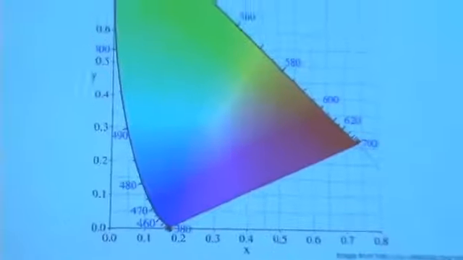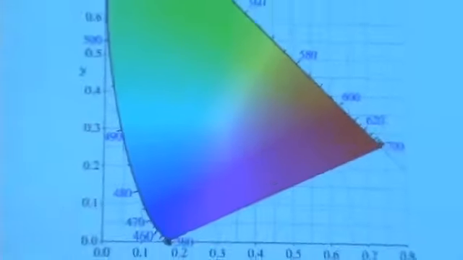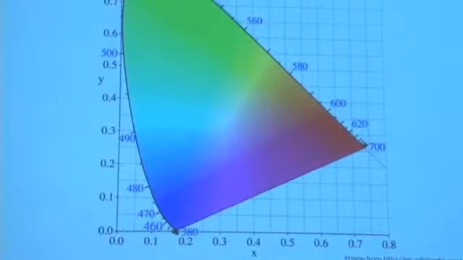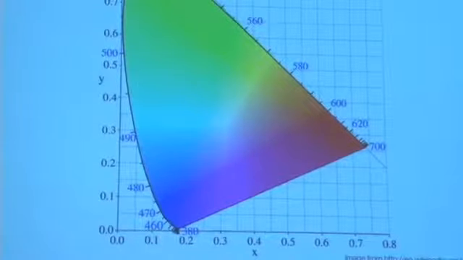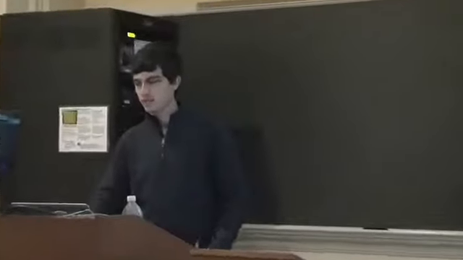We can represent white, for example, by mixing all of these colors together, and at the very center we get this white light that we can imagine. Just remember that along the outside is monochromatic light, something that is capable of producing that wavelength and only that wavelength.